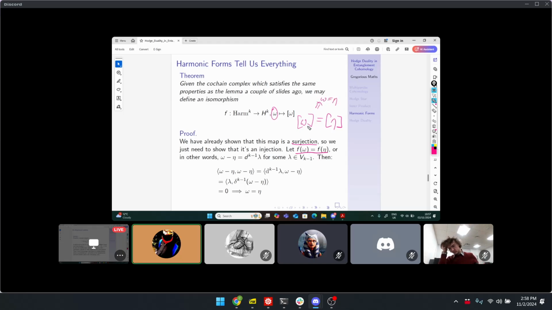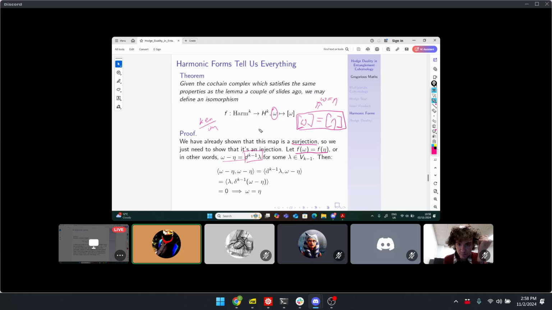So, if two things are in the same cohomology class, let's not be fooled by the fancy word cohomology. This is just a quotient group. So what this really means is that their difference, remember, we're doing the kernel mod the image, is in the image of d k minus 1.